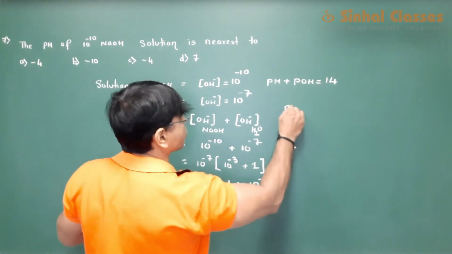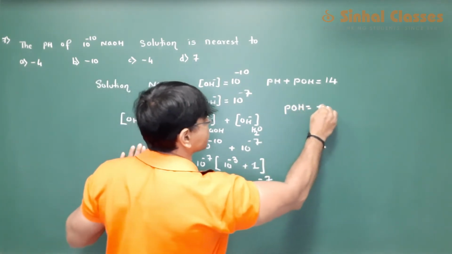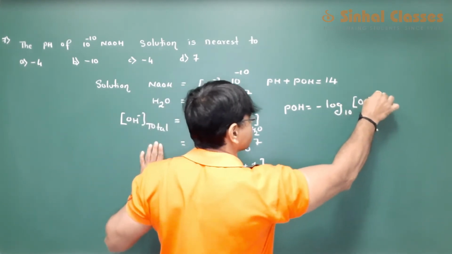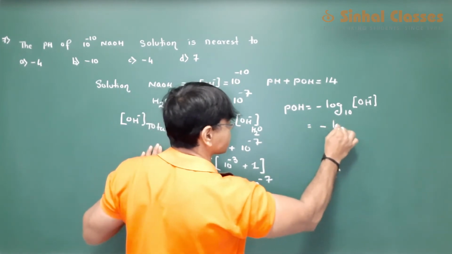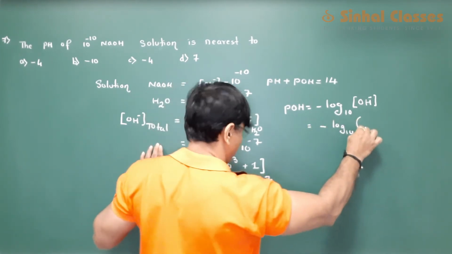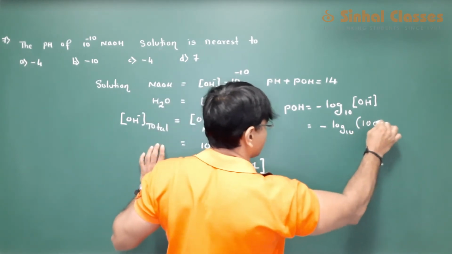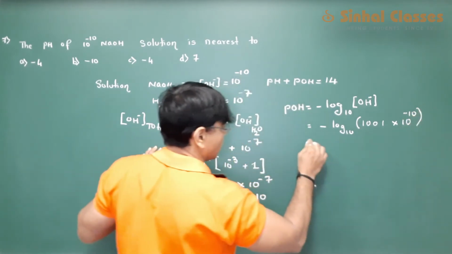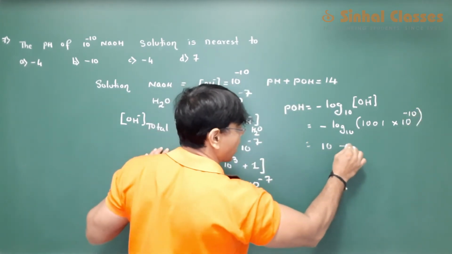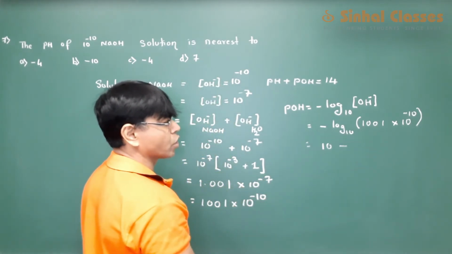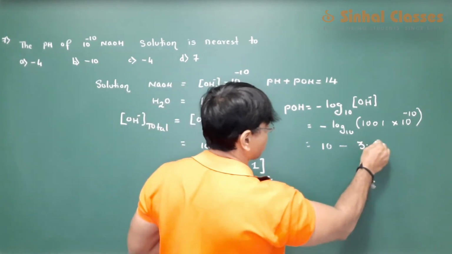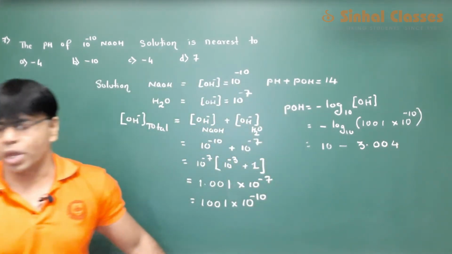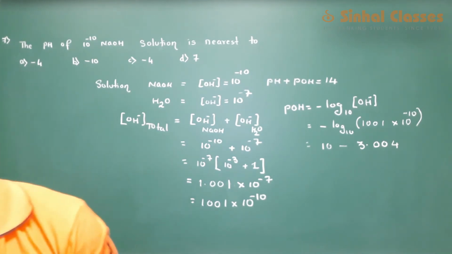Now you take out the pOH. pOH is negative log to the base 10 of OH minus. So this will be minus log to the base 10 of 1001 into 10 raised to minus 10. So it will be 10 minus log of 1001, which is 3.004.